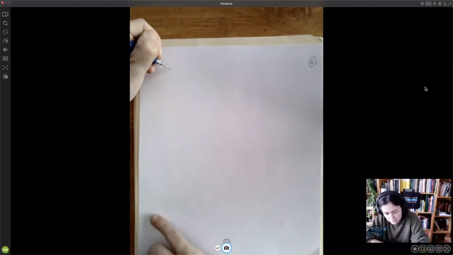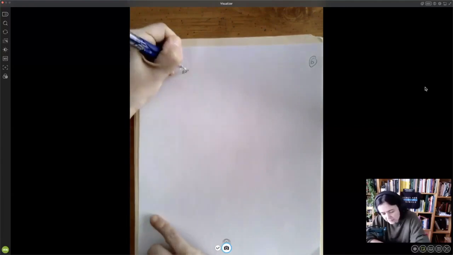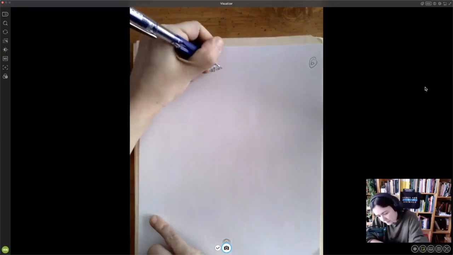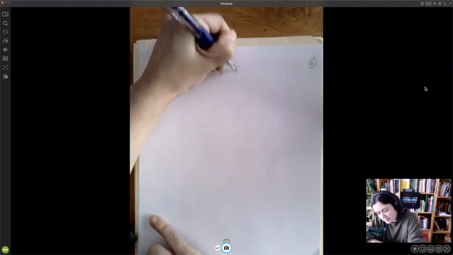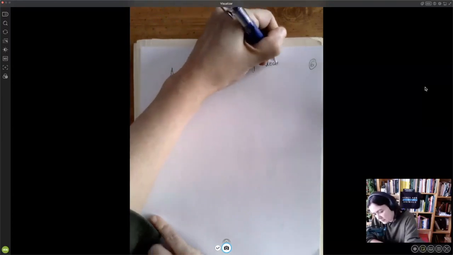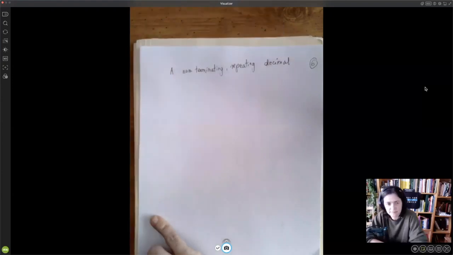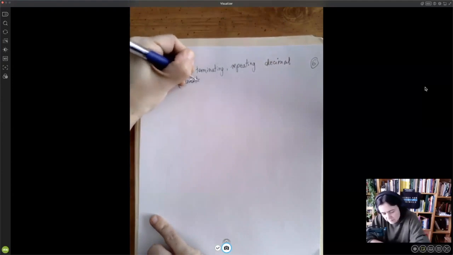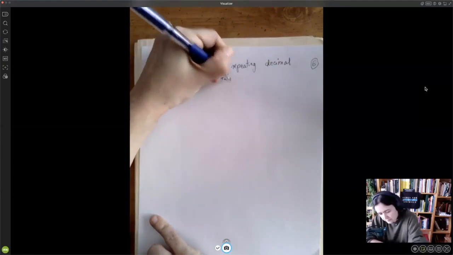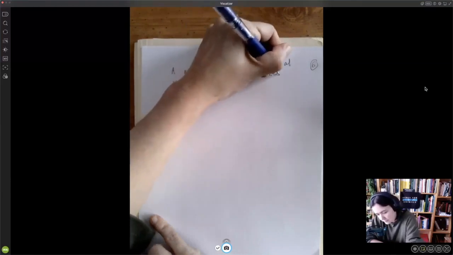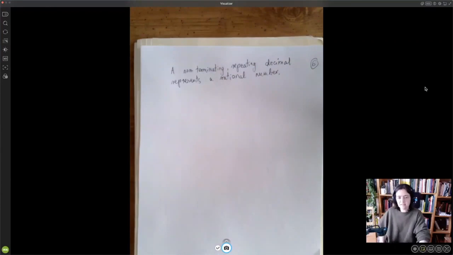So a non-terminating repeating decimal represents a rational number.